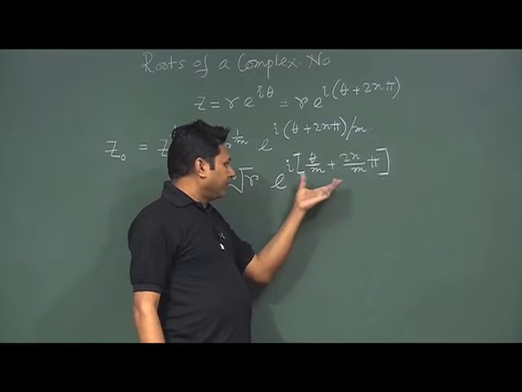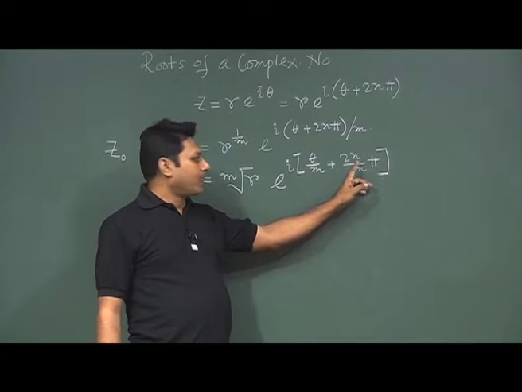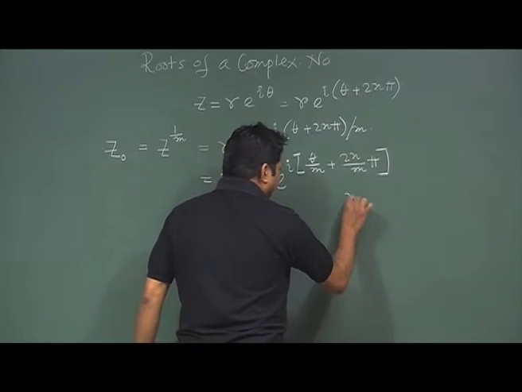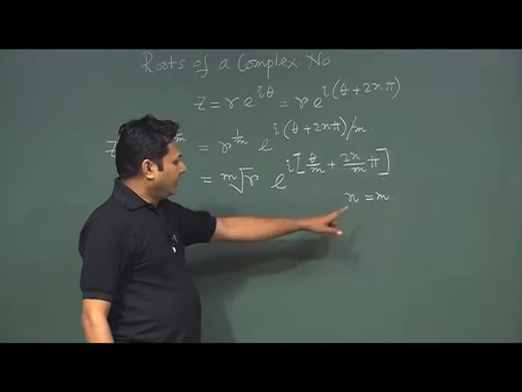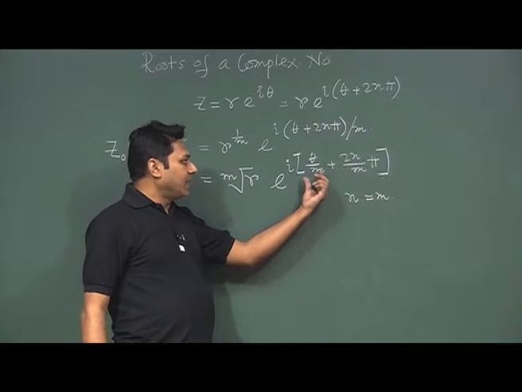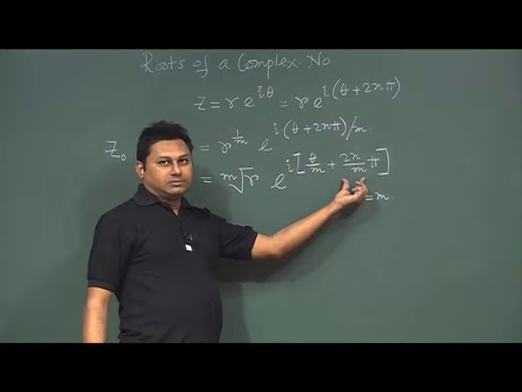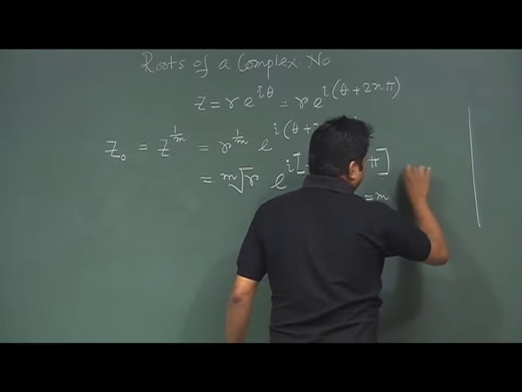But here, in order to find out the root, what should be the limit of n? If you look carefully, you will find that when n is equal to m, I will have a value which is this plus 2 pi. So, that means whatever the value I will have is the same as a root.